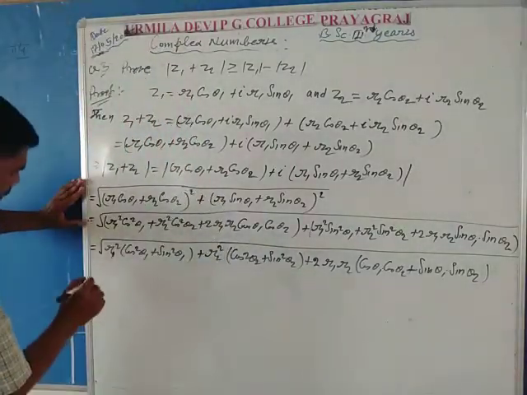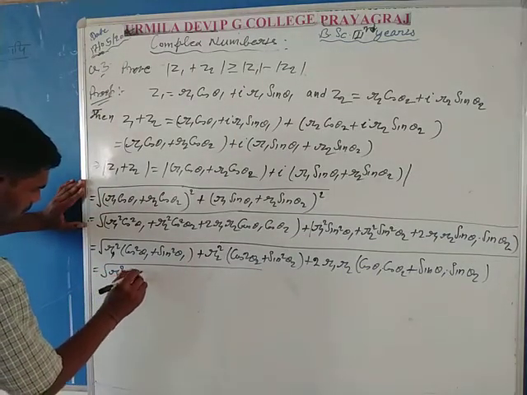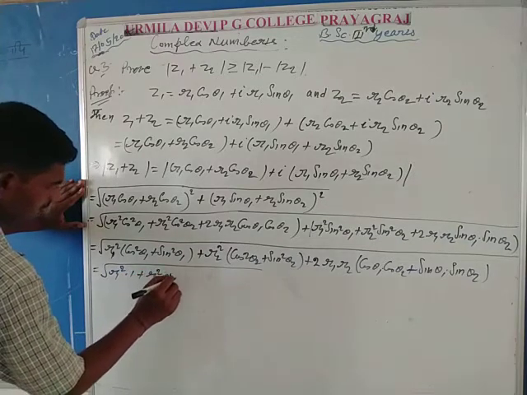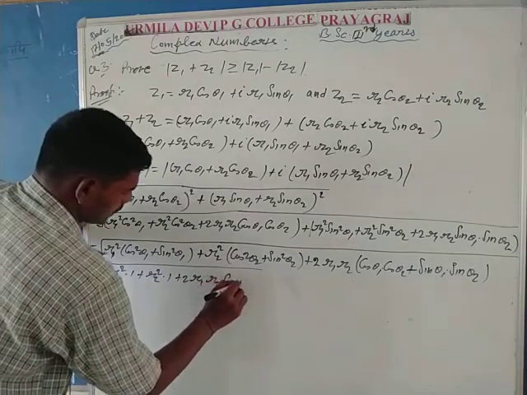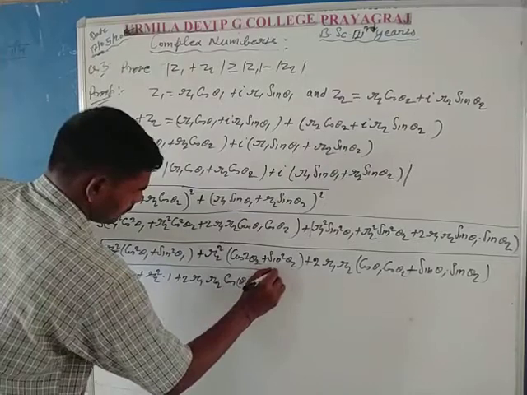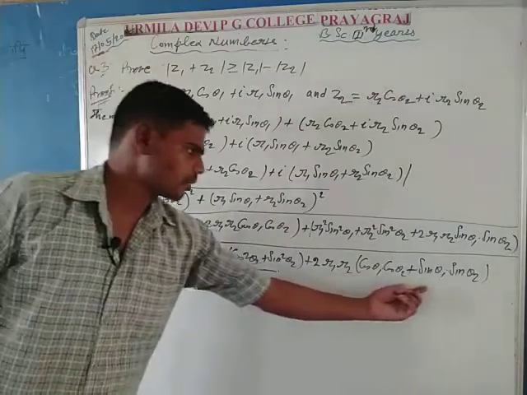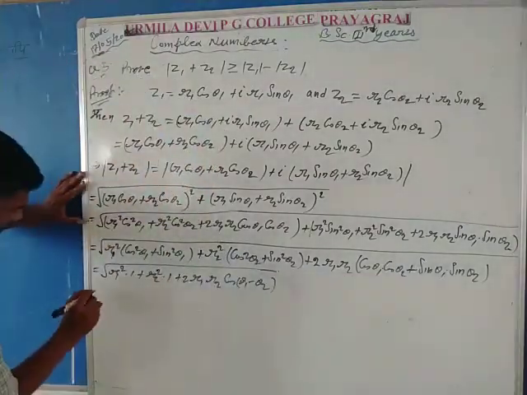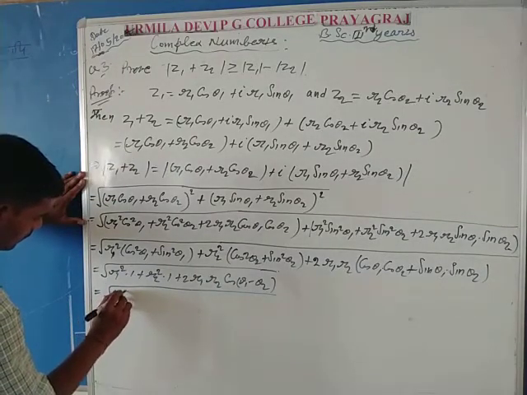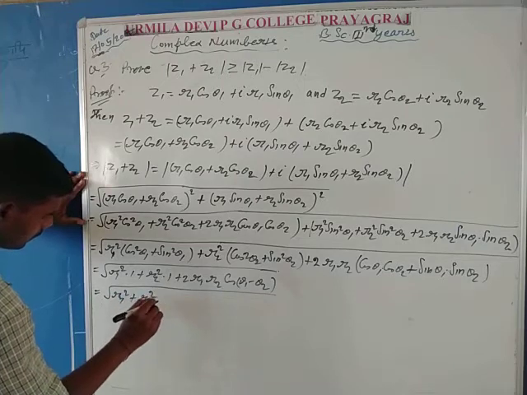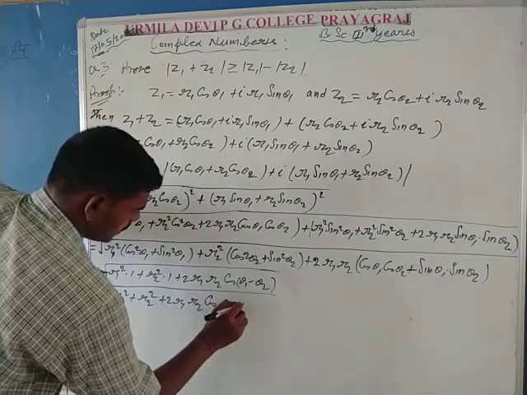So it implies R1 square into 1 plus R2 square into 1 plus 2 times R1 R2 cos (theta 1 minus theta 2), all under the root: square root of R1 square plus R2 square plus 2 R1 R2 cos (theta 1 minus theta 2).